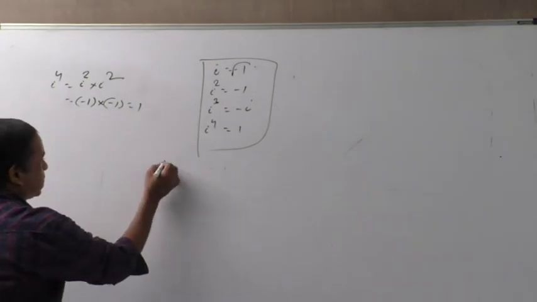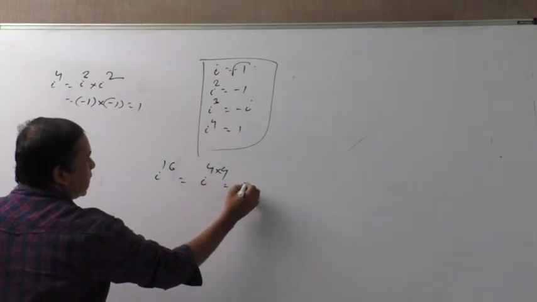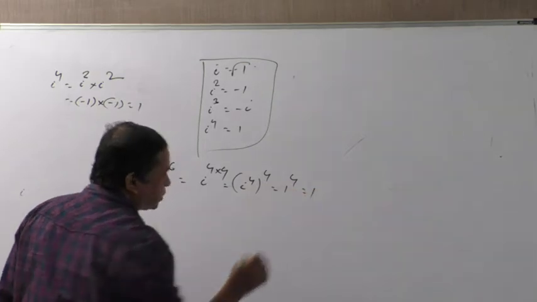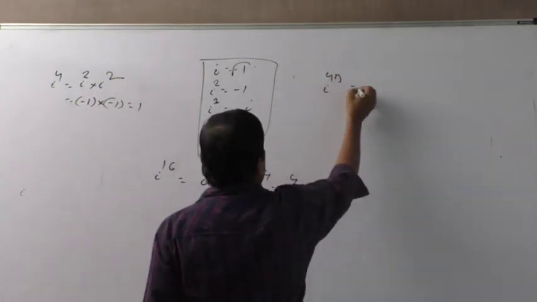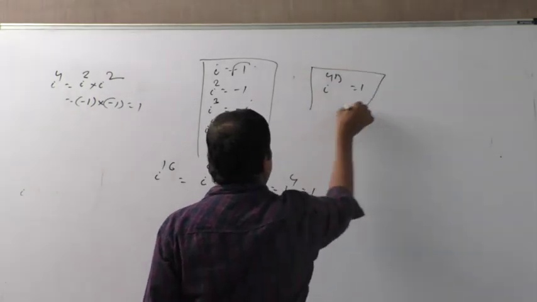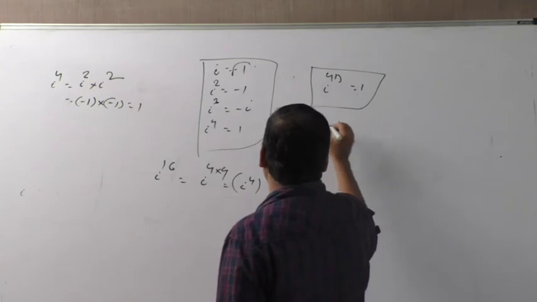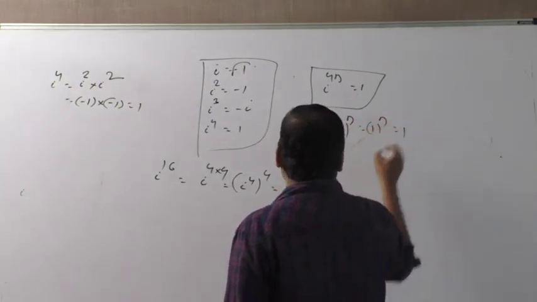Suppose i to the power 16. I can write i to the power 4 into 4, that is i to the power 4, all to the power 4, which is 1 to the power 4, which is 1. That means i to the power 4n is always 1, because I can write it as i to the power 4, all to the power n, that is 1 to the power n, which is 1.